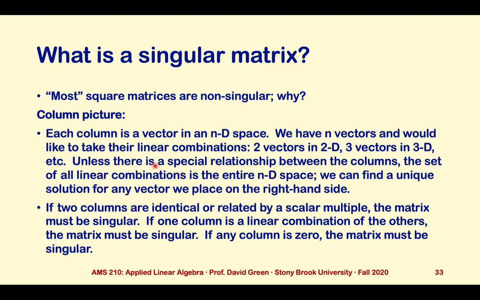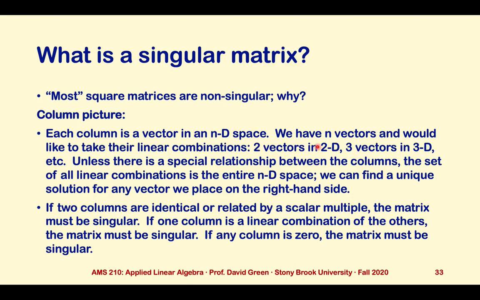Now, usually, if we have 2 vectors in 2 dimensions, we can use them to construct any other vector. The set of all linear combinations of 2 vectors in 2 dimensions is all of 2-dimensional space, unless those vectors happen to be right on top of each other or parallel.